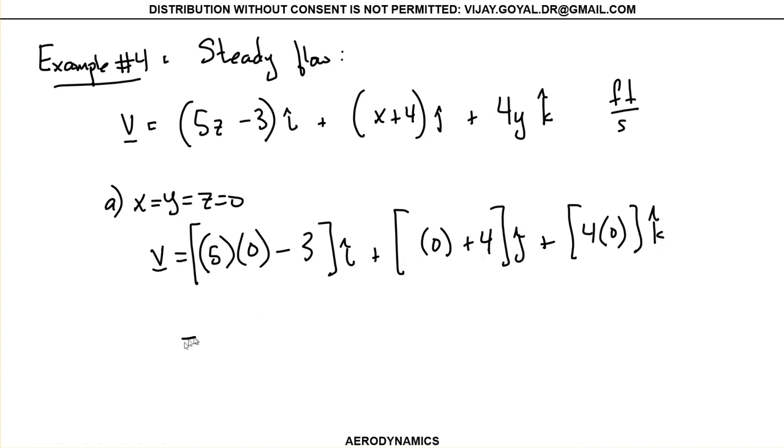So that will give you minus 3i plus 4j feet per second. That's my initial velocity at my location.